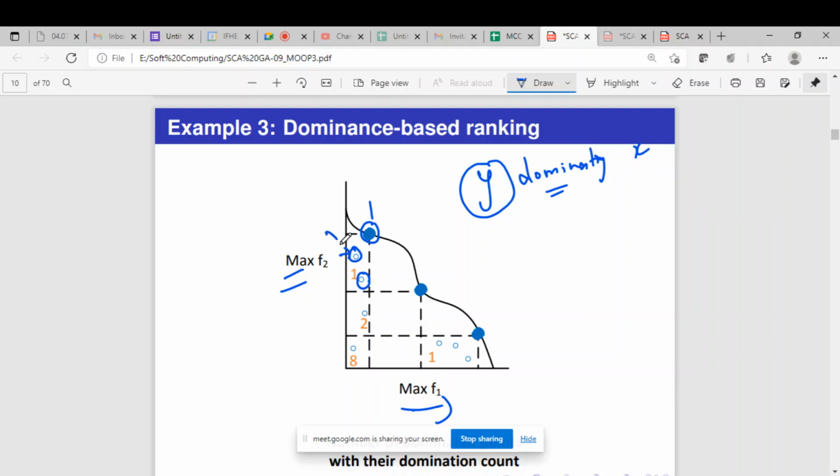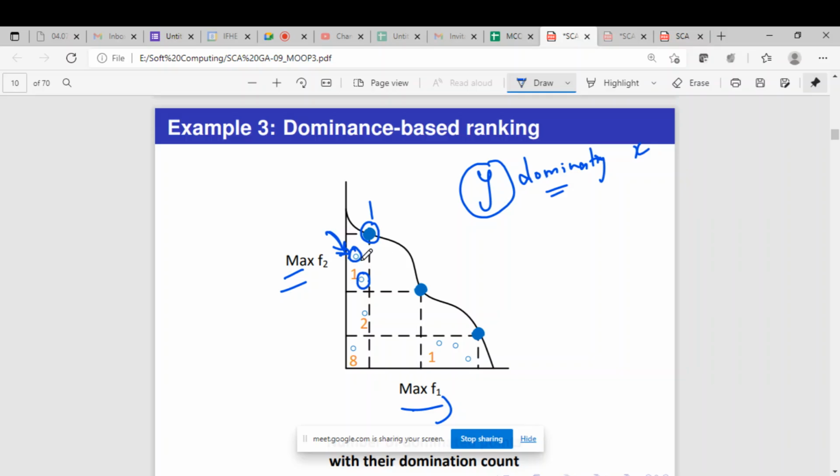So is this individual dominating this individual? He is not dominating him because he is to the top, but is he to the right also?